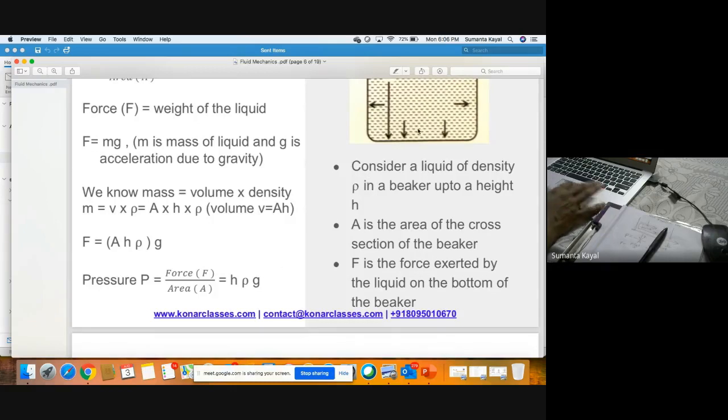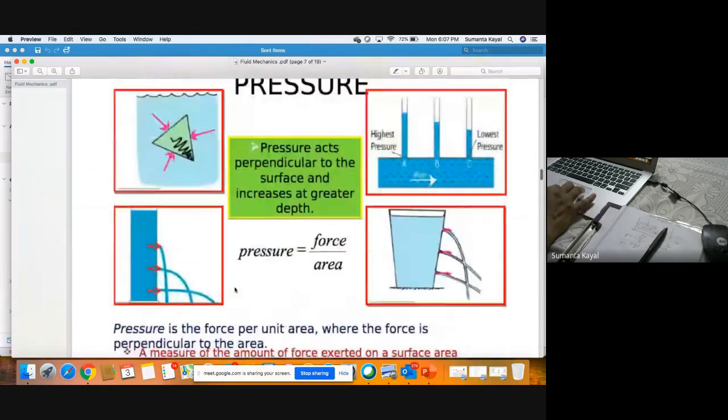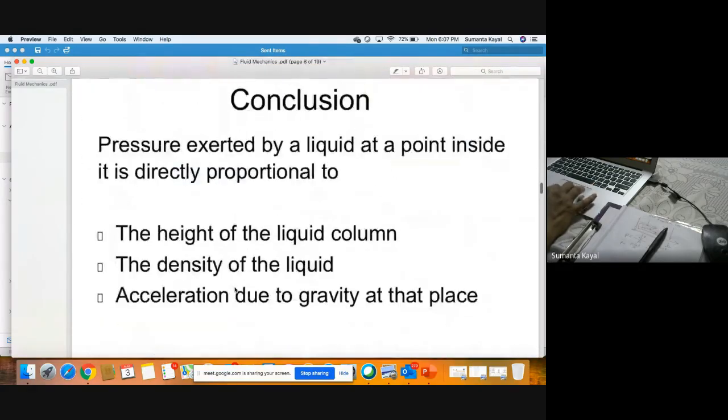The liquid pressure at this point, or if you combine all the points at the same depth, will remain the same. So what is the conclusion here? I'll come to this slide later. The pressure equals the height of the liquid column, the density of the liquid, and the acceleration due to gravity at that place.